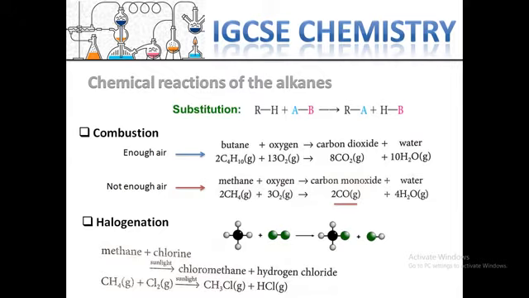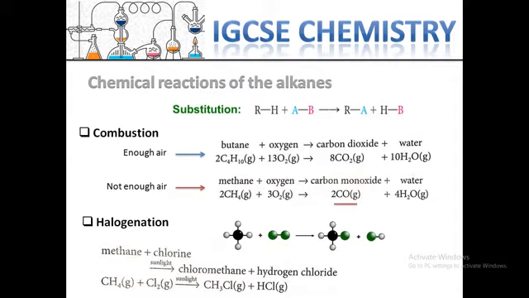And the second example of substitution reaction for alkanes is halogenation. The book gives only one example, with chlorine, but halogen atoms include fluorine, chlorine, bromine and iodine.